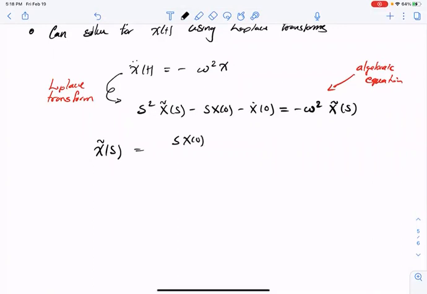Solving for x tilde of s by bringing the right-hand side over to the left and the constants over to the right, I have x of 0 times s divided by s squared plus omega squared. Hey, that's a Laplace transform we just worked out a second ago. And I will also get x dot, a constant, divided by omega squared plus s squared, another Laplace transform we just worked out.